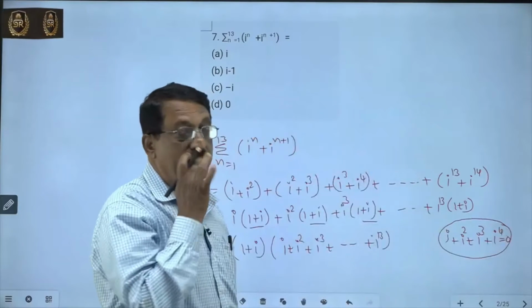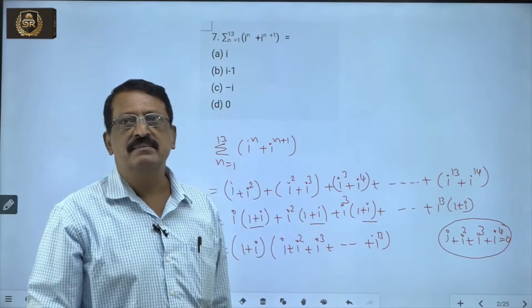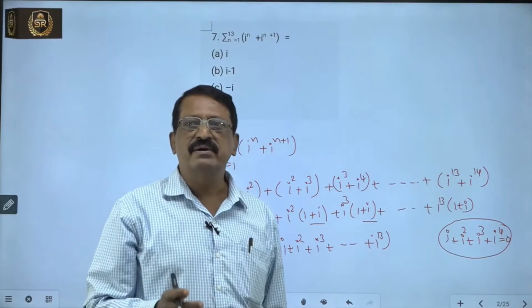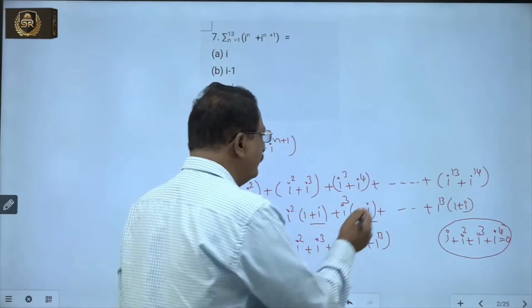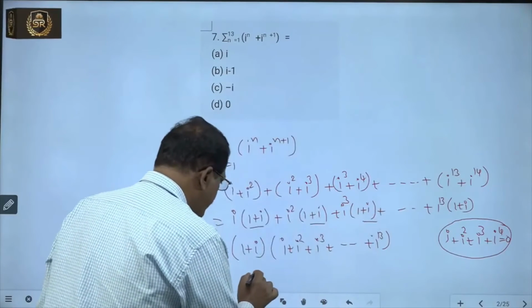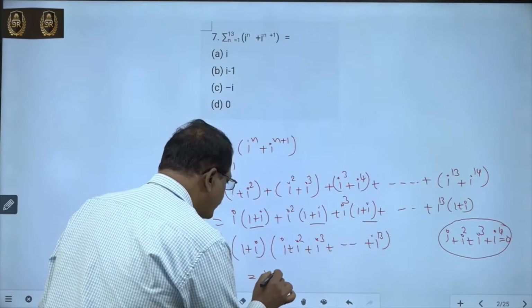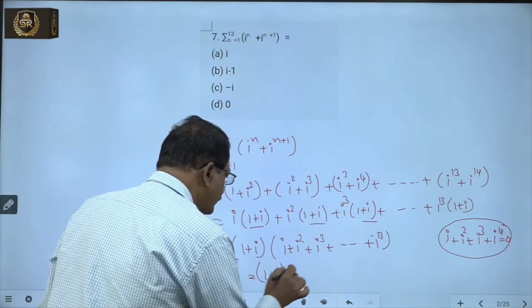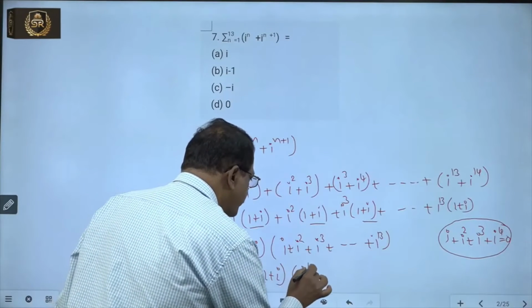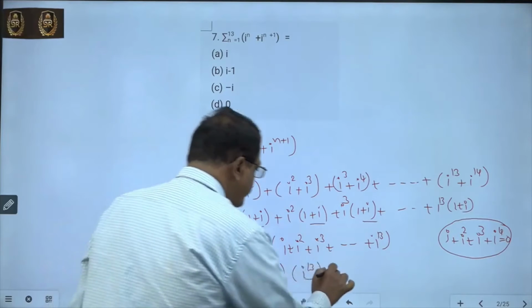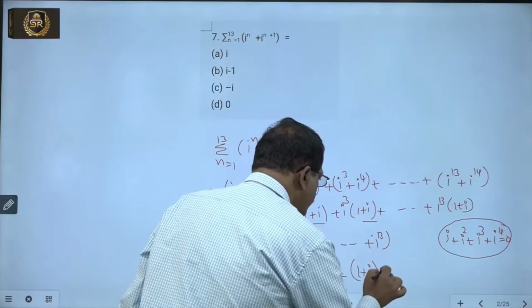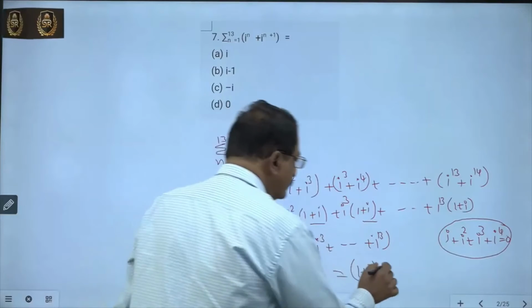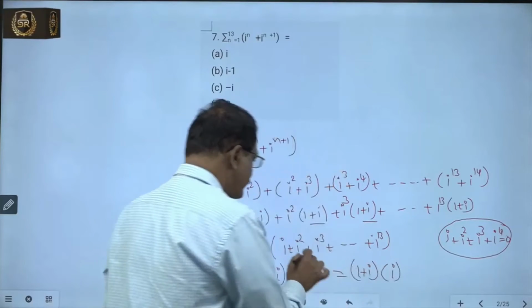Similarly, i to the power of 5 plus i to the power of 6 plus i to the power of 7 plus i to the power of 8 is also 0, up to i to the power of 12, 0. Then we get 1 plus i into i to the power of 13.